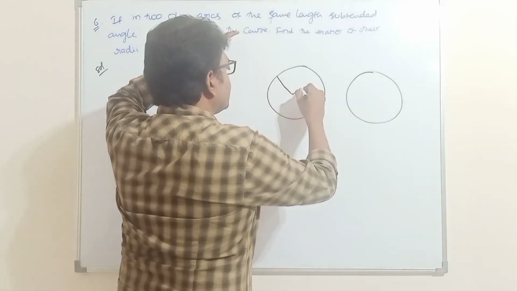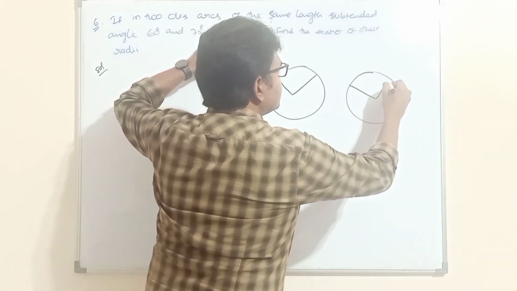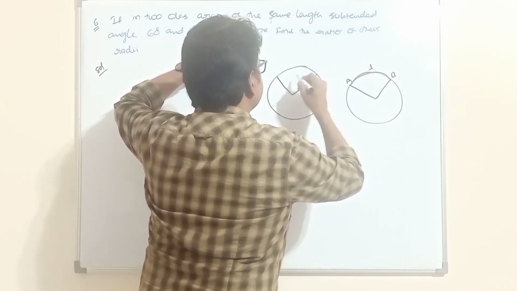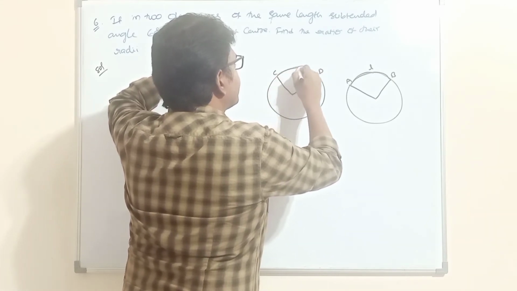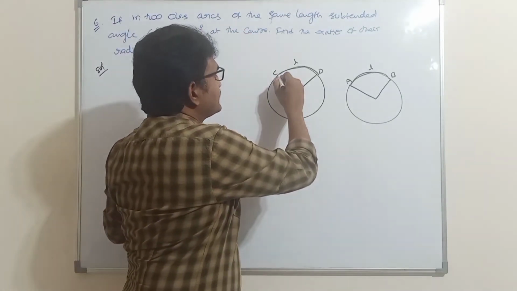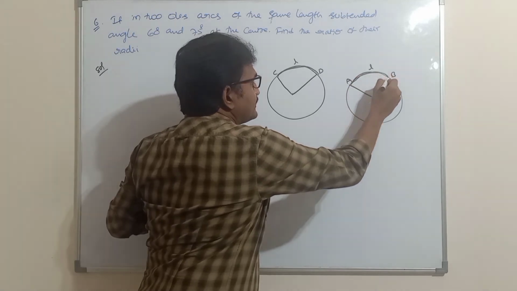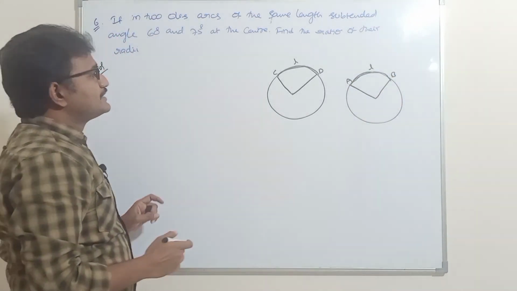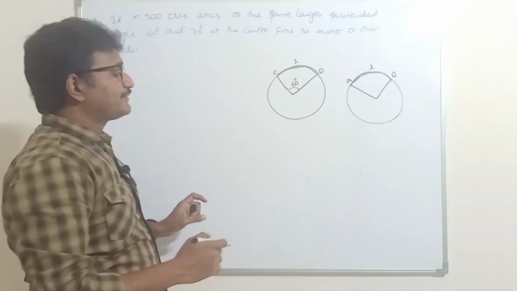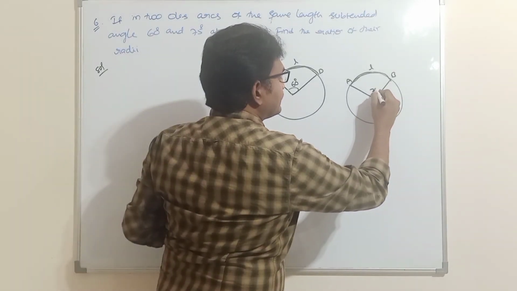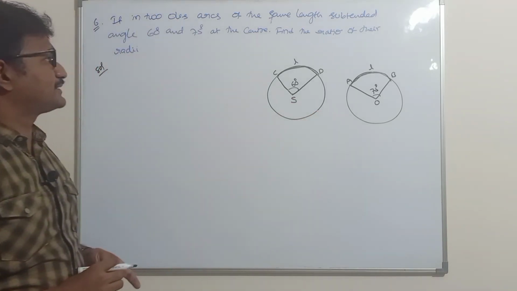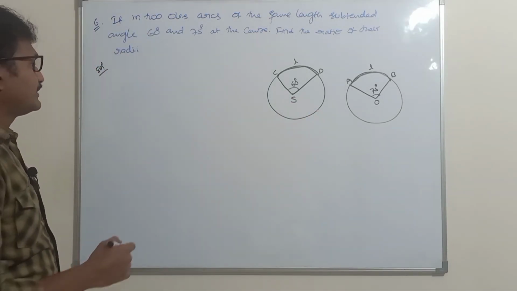Let the length of arc AB be L. Then this CD is also L, because for the two circles the arc length is the same. They subtend 60 degrees and 75 degrees at the center, let it be AOB and this COD. Next, find the ratio of their radii.